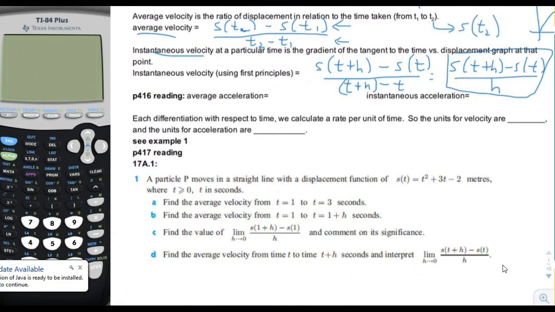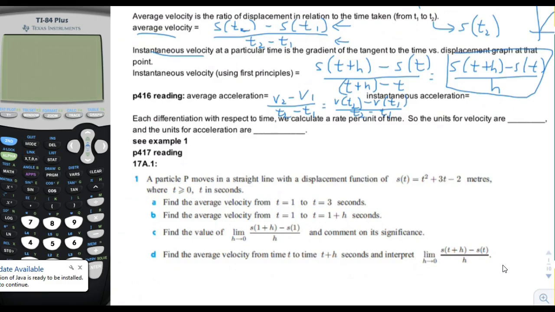Average acceleration, on the other hand, is v2 minus v1, the second velocity minus the first velocity, divided by the difference in time, t2 minus t1. We can rewrite that as the velocity at time 2 minus the velocity at time 1 divided by t2 minus t1.